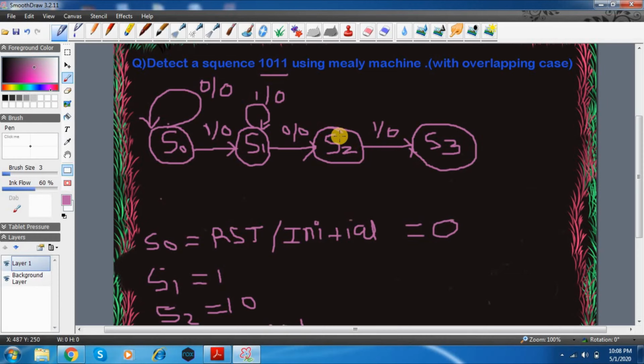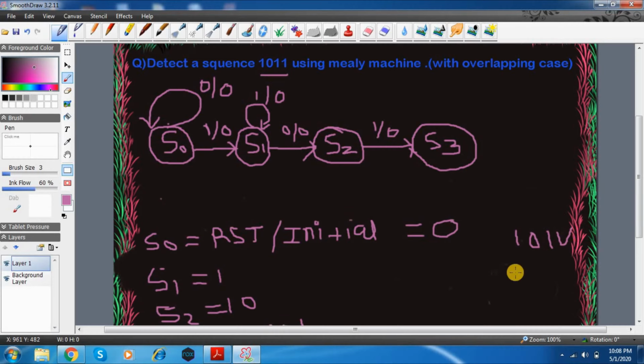So what if we detect 0 here? Means at S2 if we detect 0, then what happens? 1, 0, 1. So when 1 0 1 is detected, we go to S3.